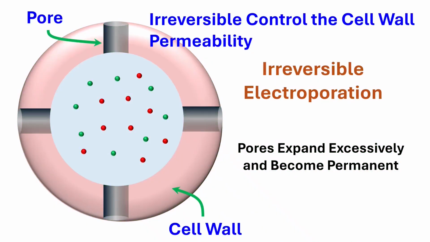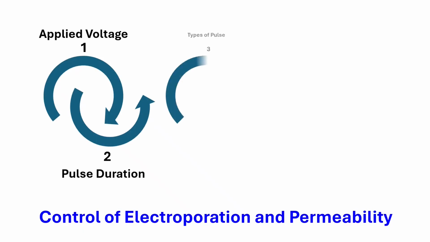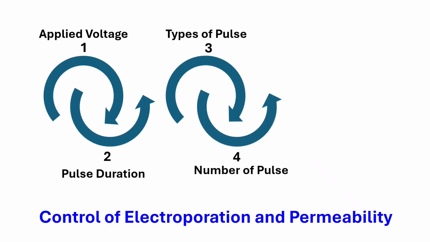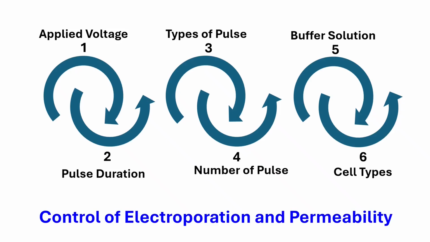We need to know how to control electroporation and permeability. How do we control the electroporation and cell wall permeability? Applied voltage, pulse duration, types of pulse, number of pulses, buffer composition, and cell types must be optimized to balance sufficient membrane permeability.